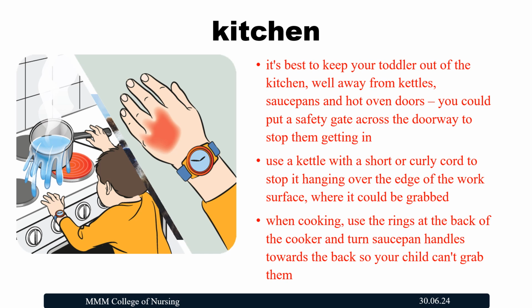When cooking, use the rings at the back of the cooker and turn the saucepan handles towards the back so your child can't grab those items. By this, we can prevent the child from getting burns or blisters.